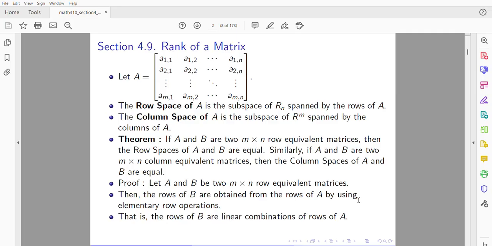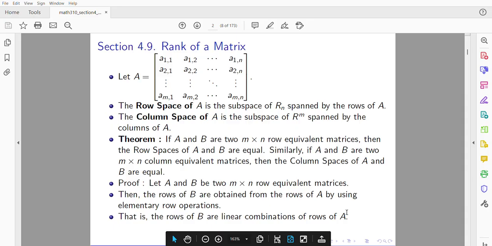That is, the rows of B are linear combinations of rows of A. What are the elementary row operations? Either you interchange rows, or multiply a row by a number, or take a combination of one row with another. Either way, B's rows are linear combinations of the rows of A.